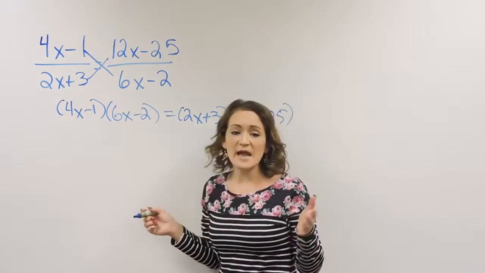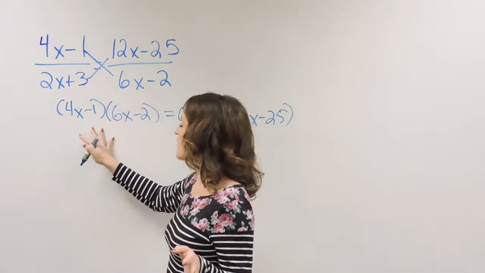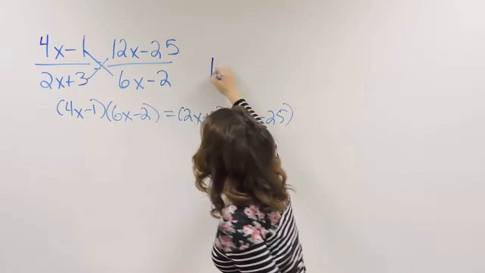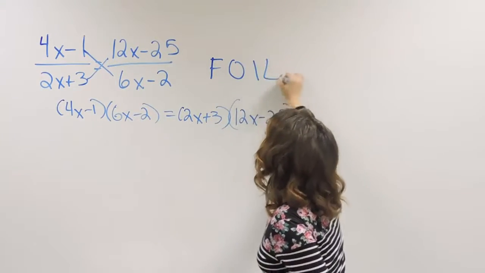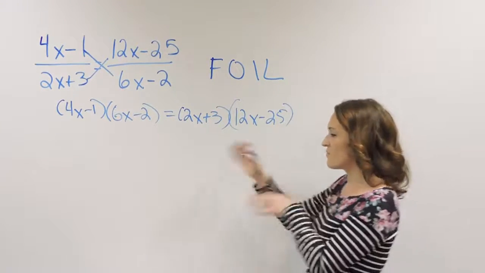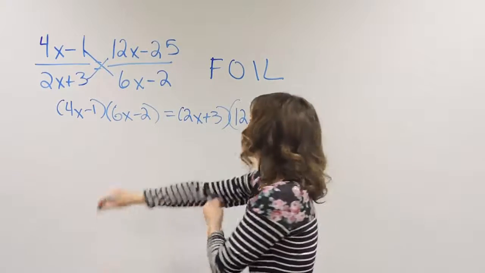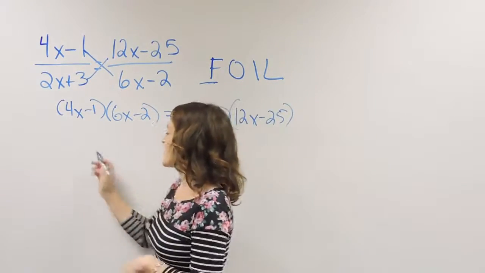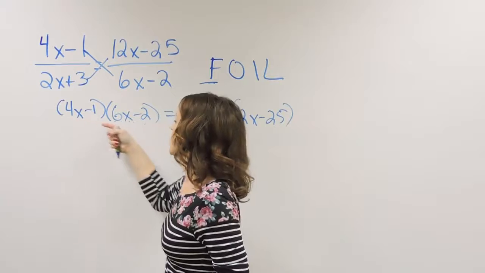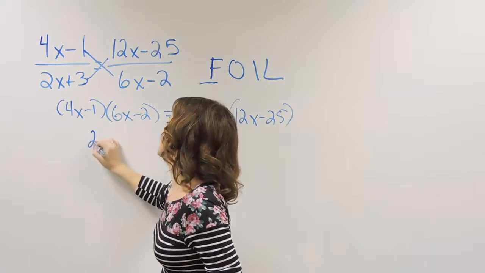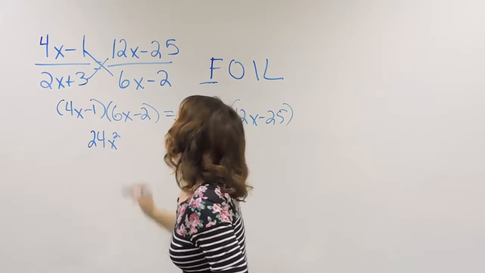So on the left-hand side, I'm going to go ahead and use the FOIL method. FOIL, first, outside, inside, last, just tells us an order in which to multiply two binomials together. Starting with F, which stands for first, 4x times 6x gives me 24x squared.